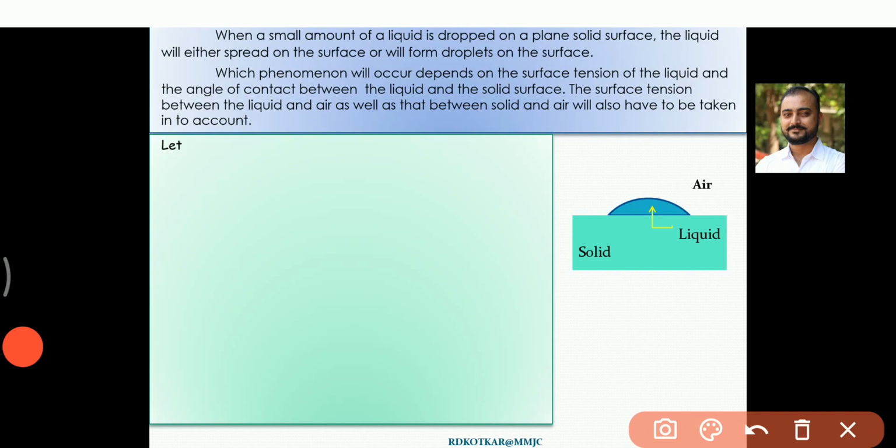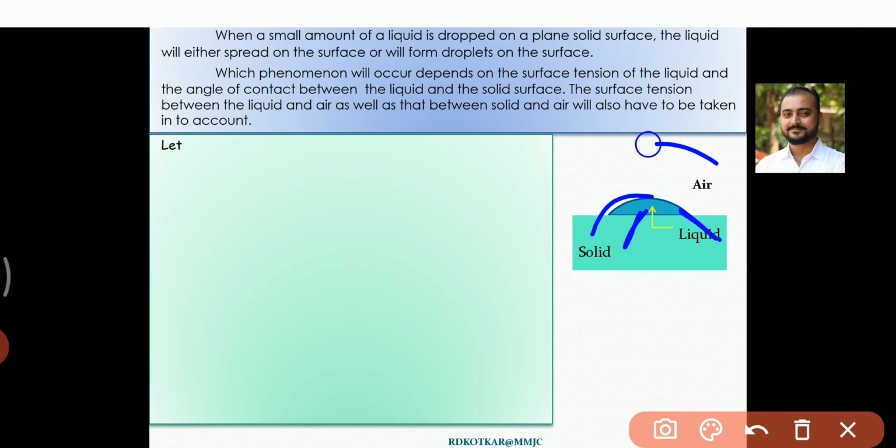Here we consider this is the solid on which this liquid drop is put. So in that case, this will depend on surface tension between this solid as well as liquid, and air also. Liquid and air, and air and solid also.